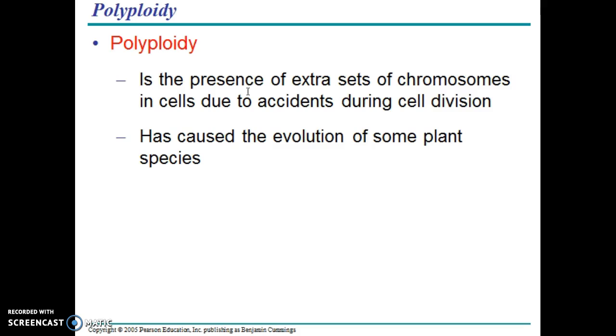Going back to what we looked at a while back, some living things exist as N, some as 2N or diploid, some as 3N, 4N, 6N or 8N, and a lot of those living things happen to be plants. So we're going to be looking at that in the next few slides.